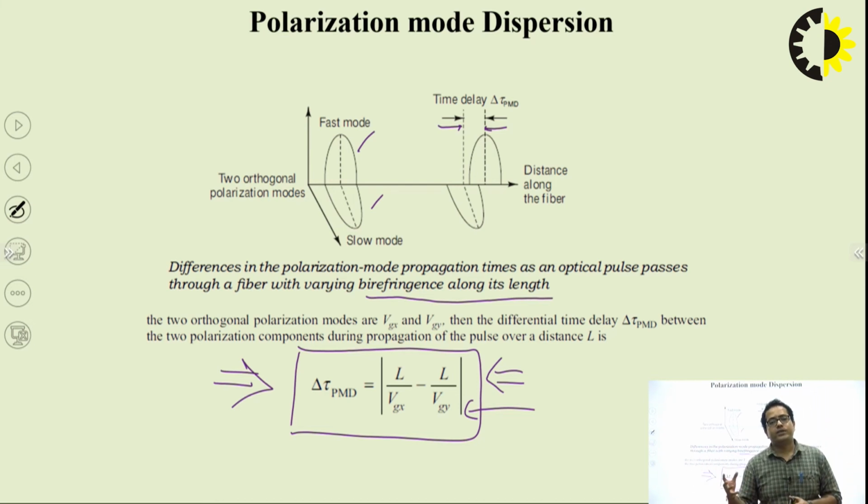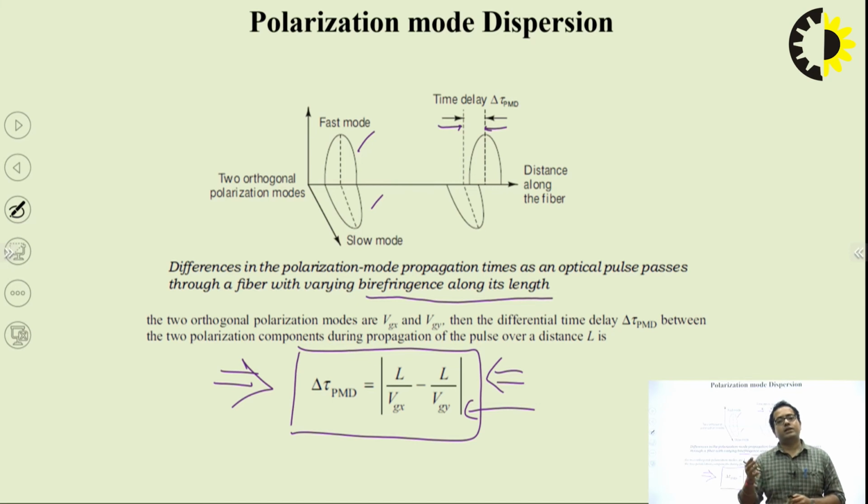If they travel with different velocities, they will arrive at the extreme end of the fiber at different times. This mismatch in timing leads to spreading of the optical pulse. That is called dispersion.